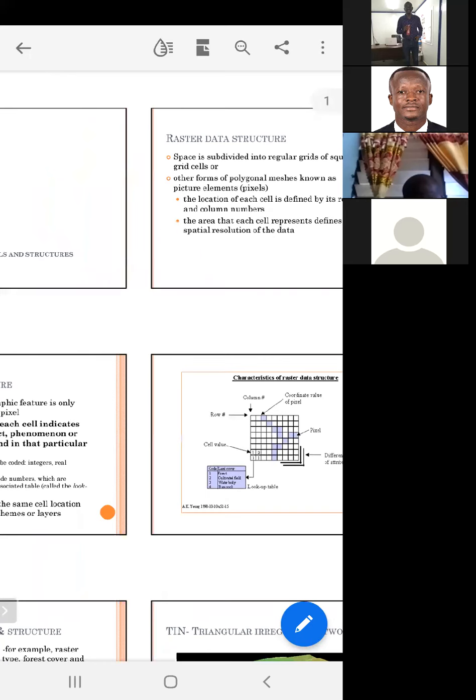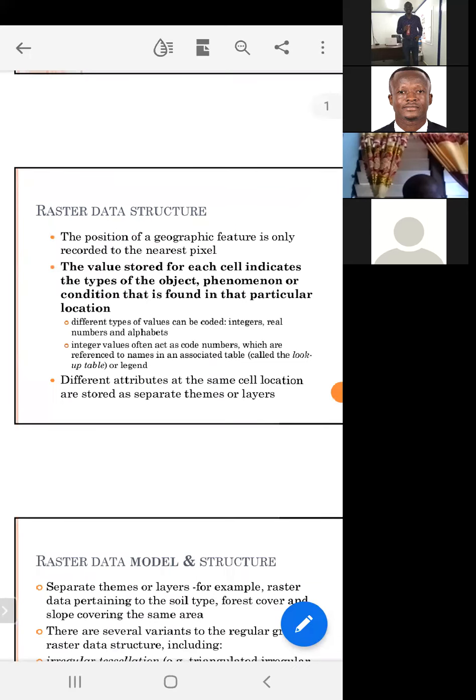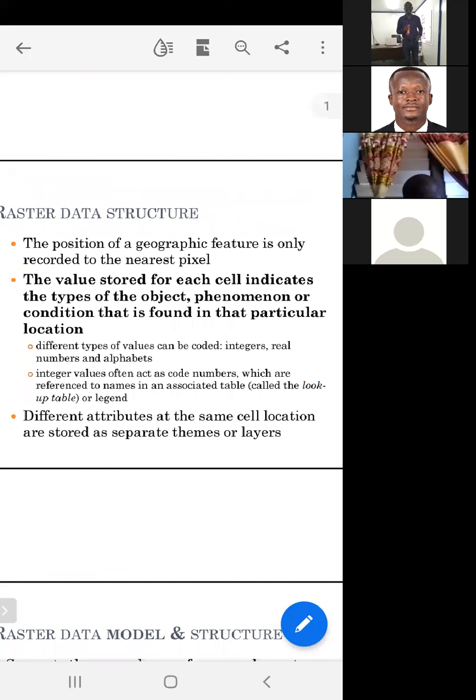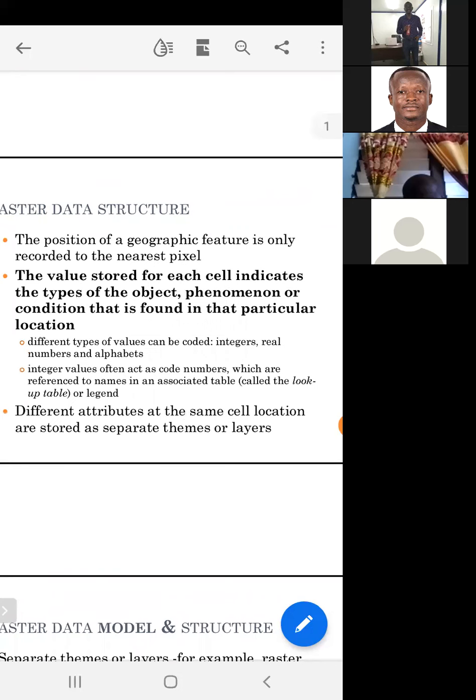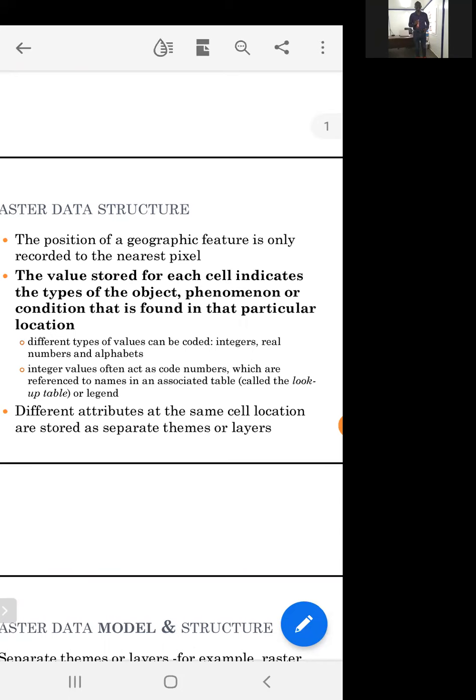Okay, so let's talk more about the raster data structure. The position of a geographic feature is only recorded to the nearest pixel. In other words, once the device has divided or tessellated the space, covered the space with regular grid squares, the next thing is that we need to find out where an object is.